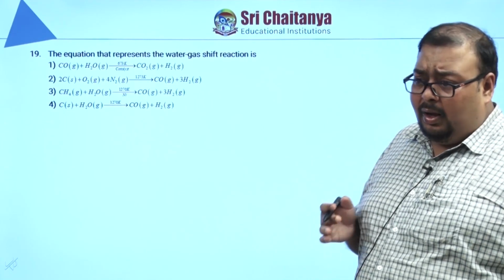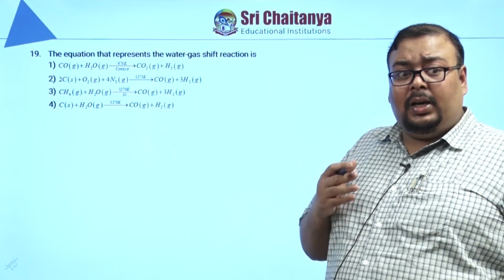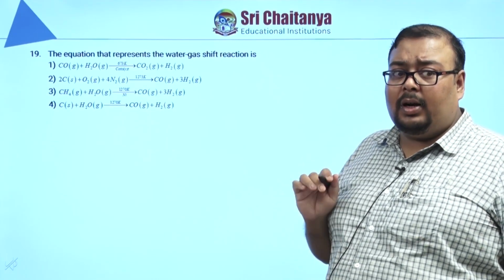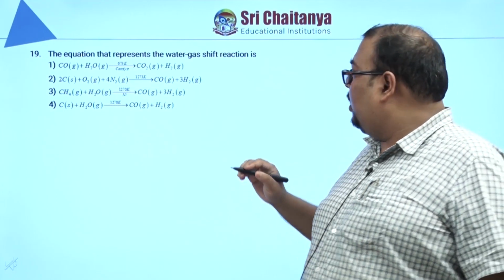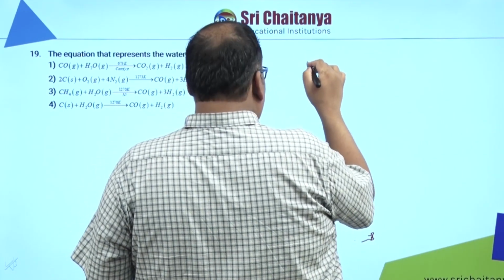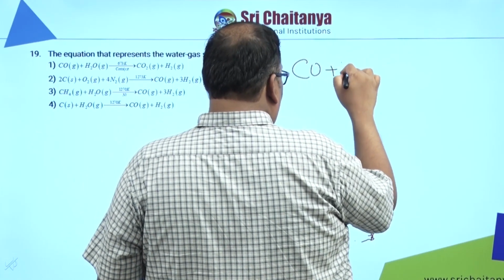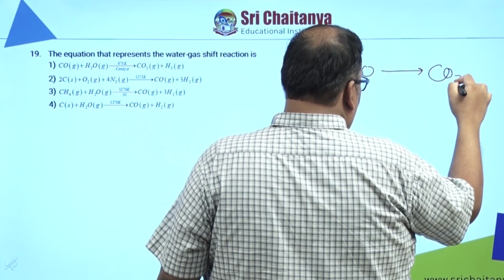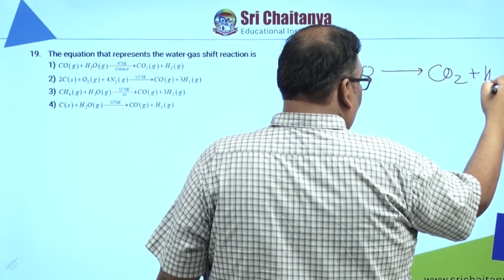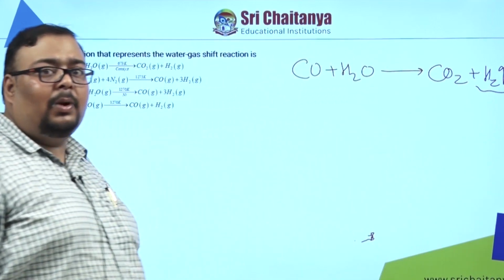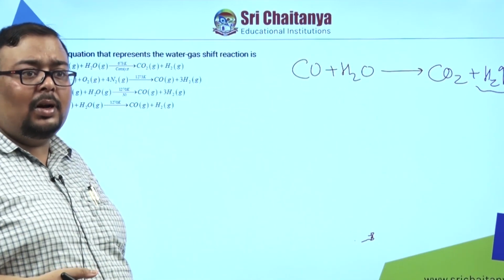For the commercial or industrial preparation of hydrogen gas, we use the water gas shift reaction, which is CO plus H2O gives CO2 plus H2. So in this reaction, hydrogen gas is produced in commercial quantities.